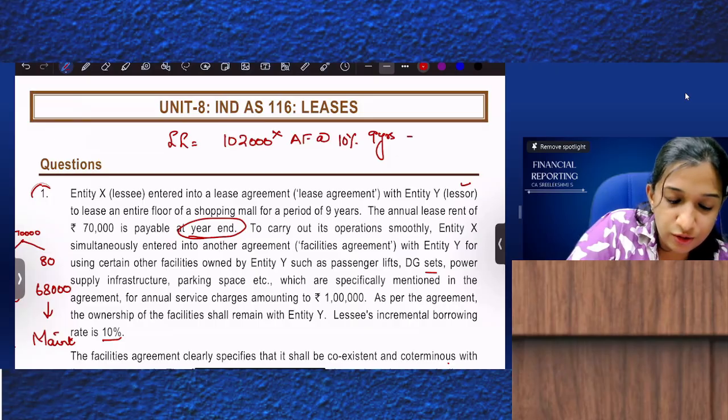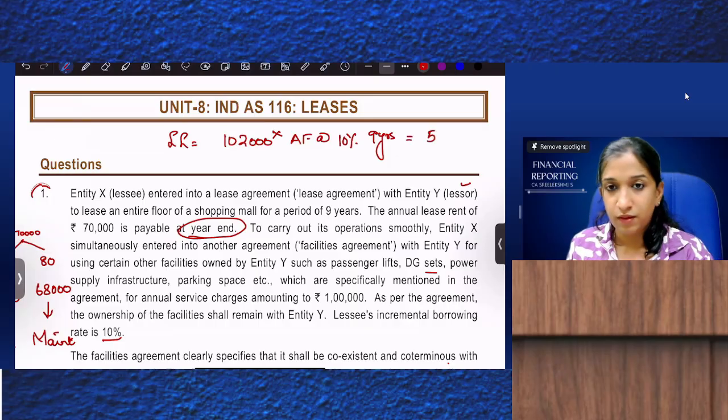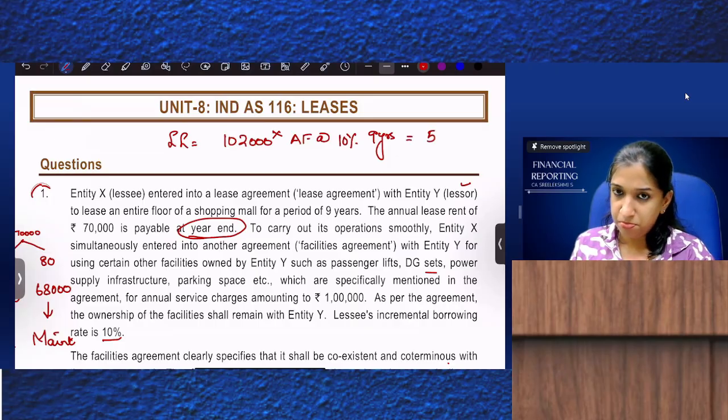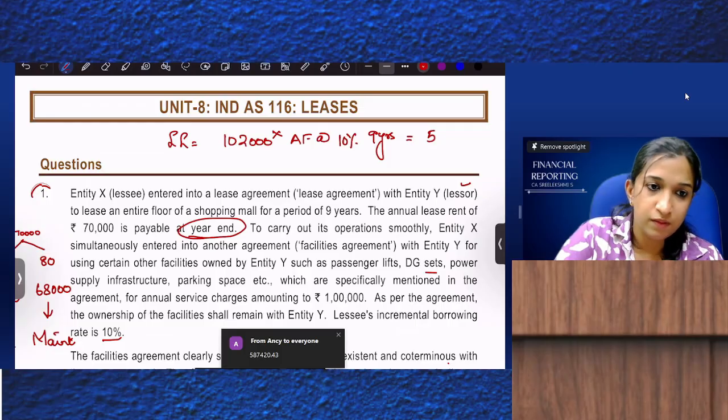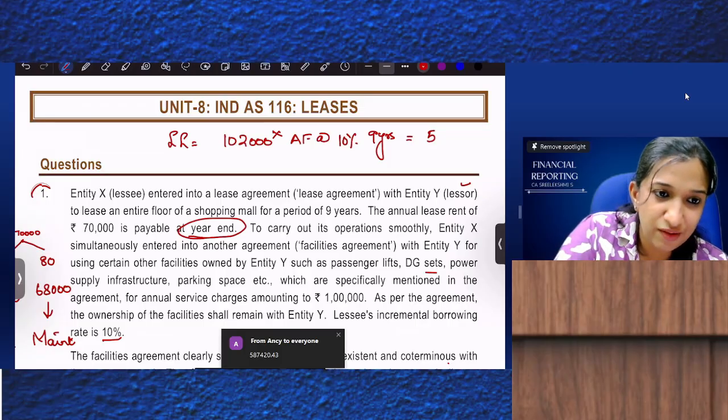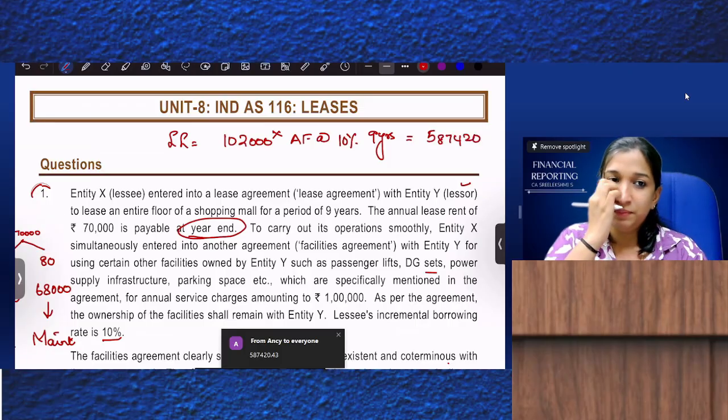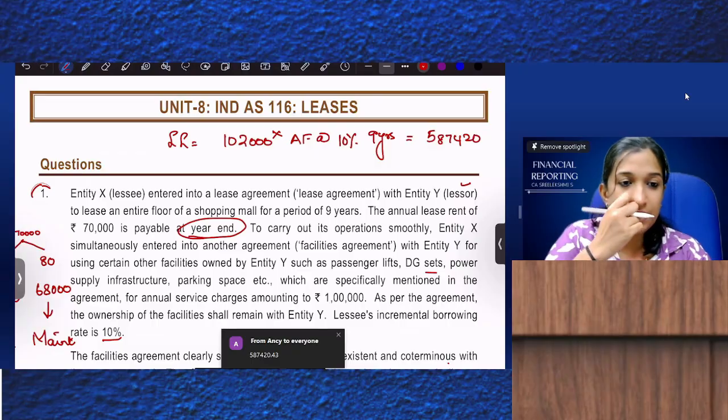It is 5.759. 5.759 into 1,02,000 is 5,87,418? Okay, 5,87,420. So that is the lease liability.